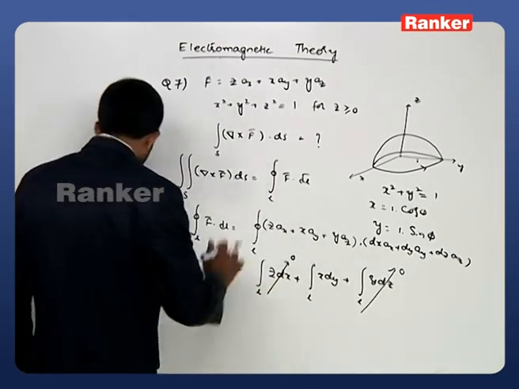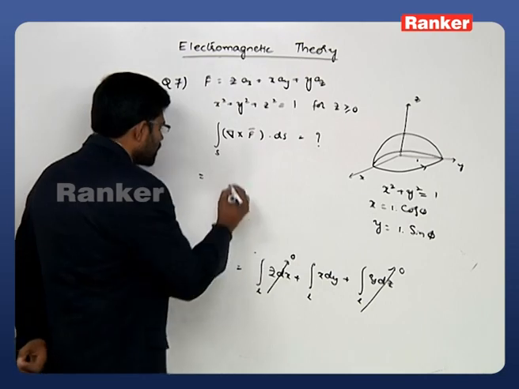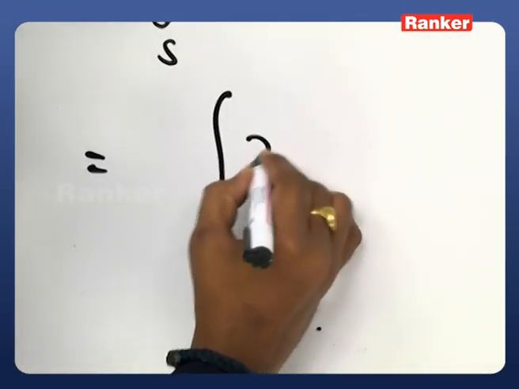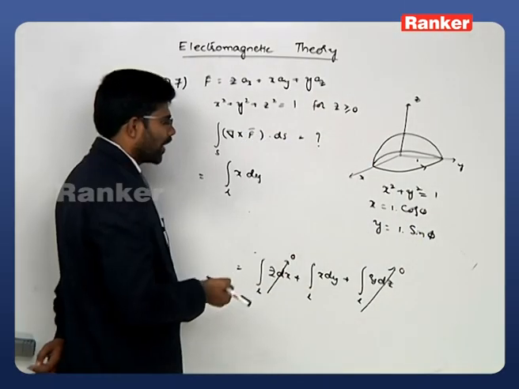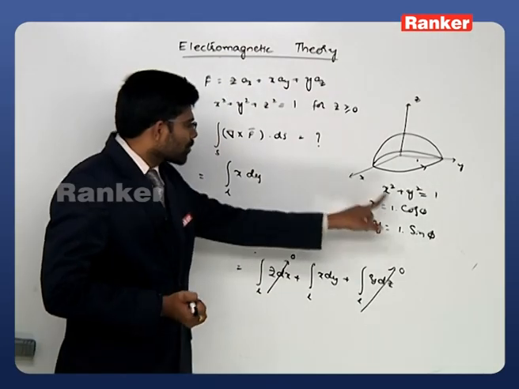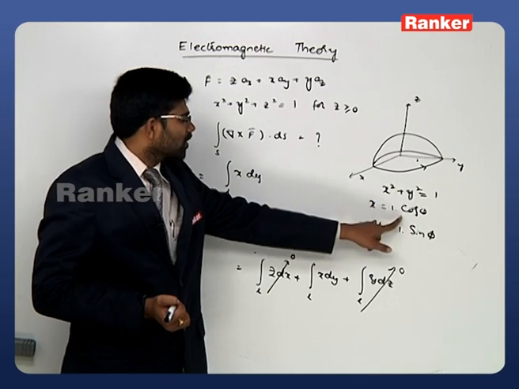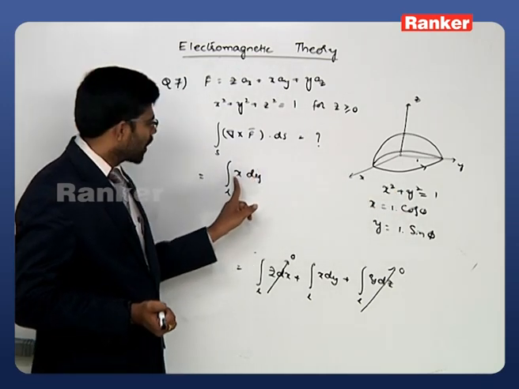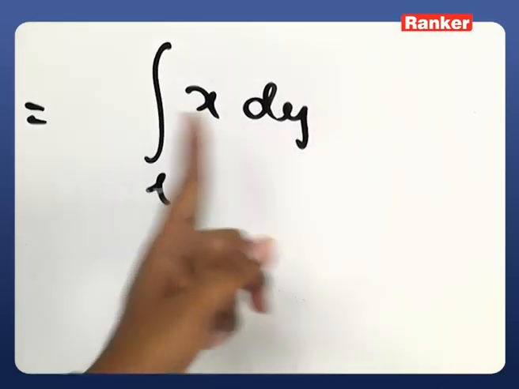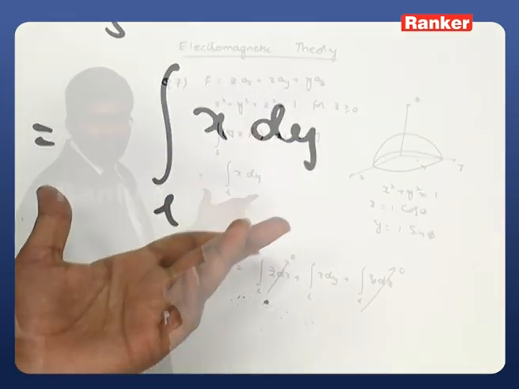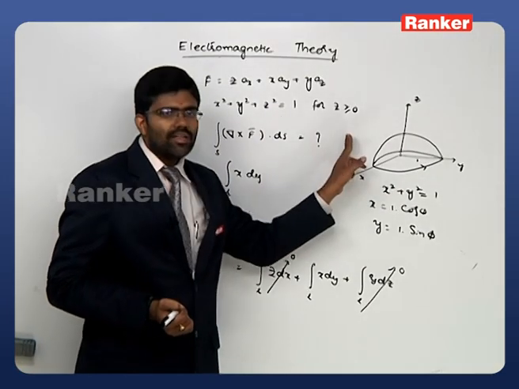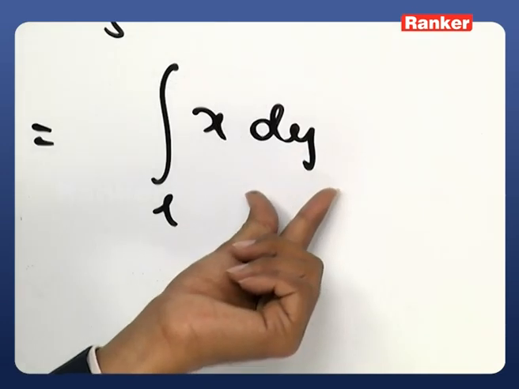So how to calculate this one? The term left for us is the line integral of x dy. Instead of x, now substitute cos phi. That's why the equivalent in our cylindrical coordinate system is most useful here. We don't know the limit of this L, and since it is not a simple straight line, we can't substitute the limit of y here.